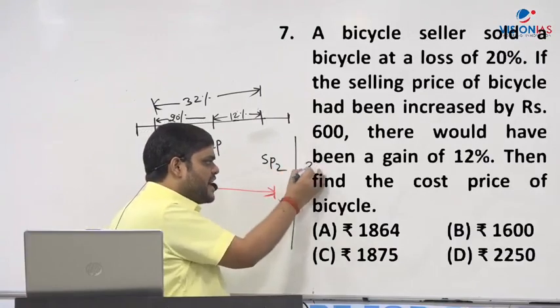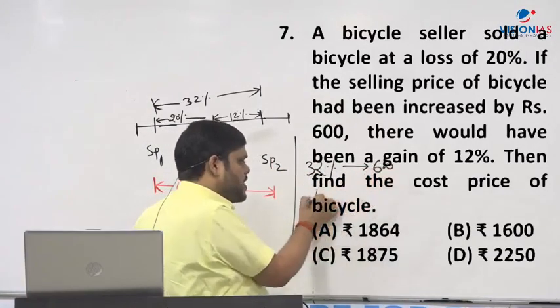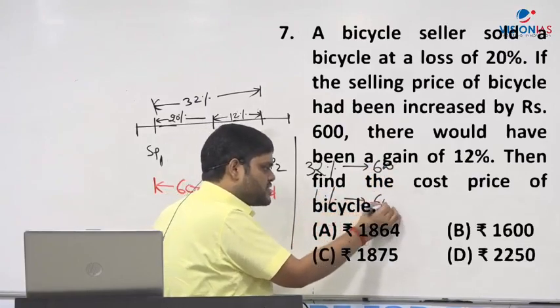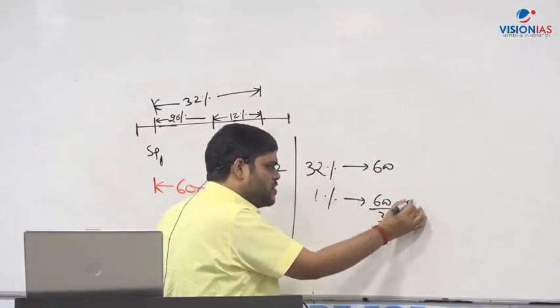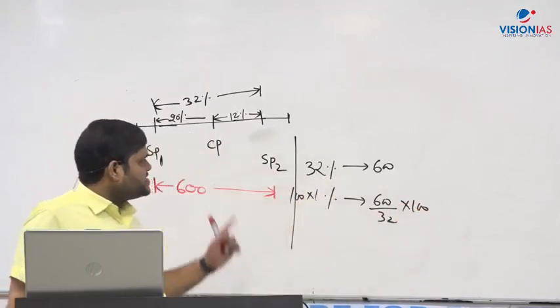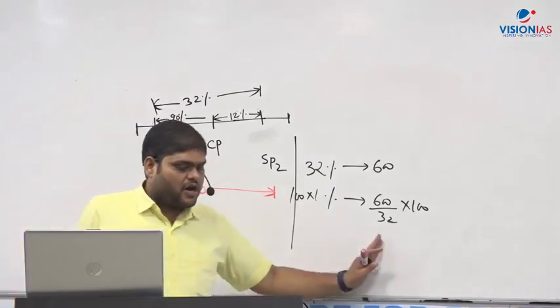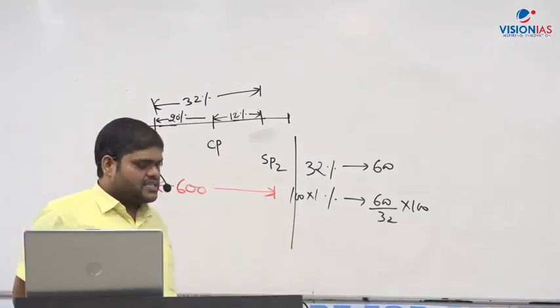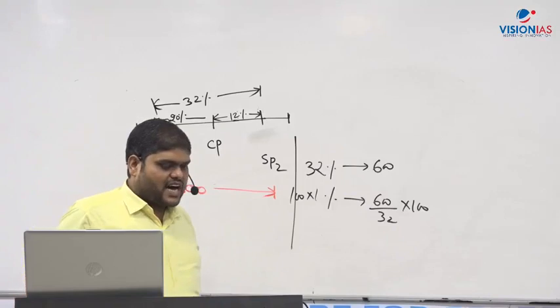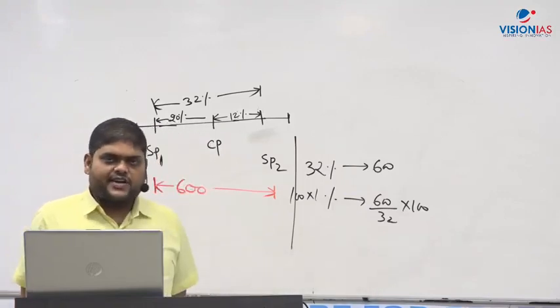So we know that 32% is equal to 600. 1% is equal to 600 upon 32, and 100% is equal to this, because CP is 100%. Now you can solve and you can get your answer.